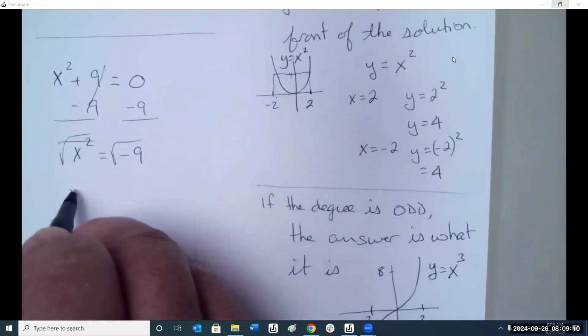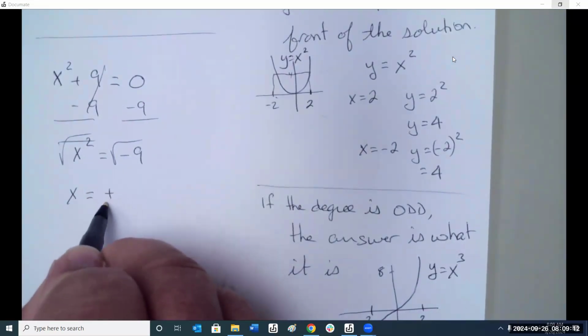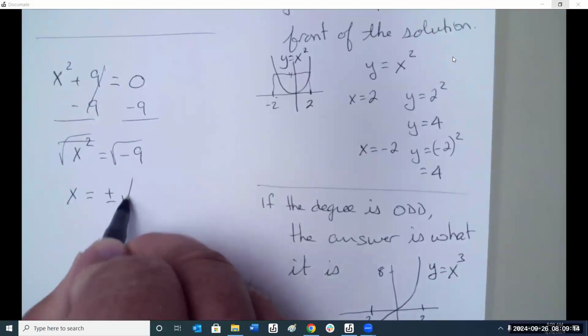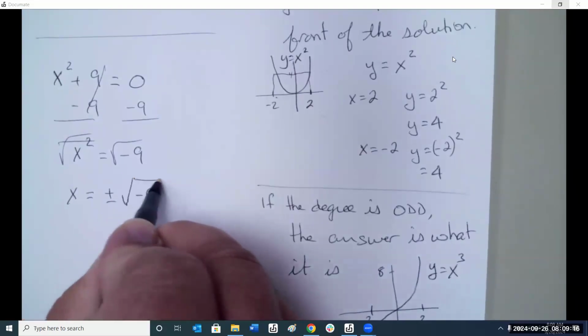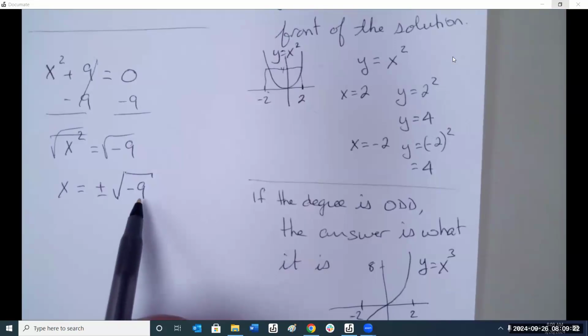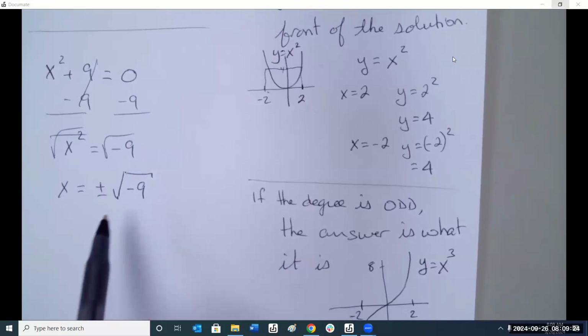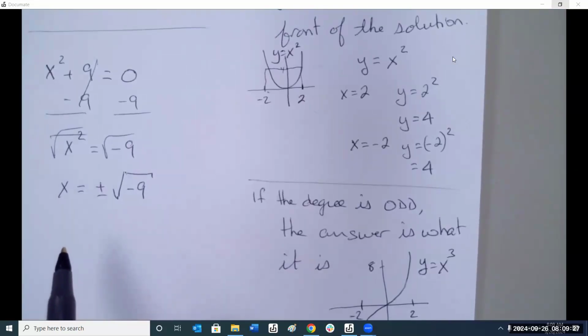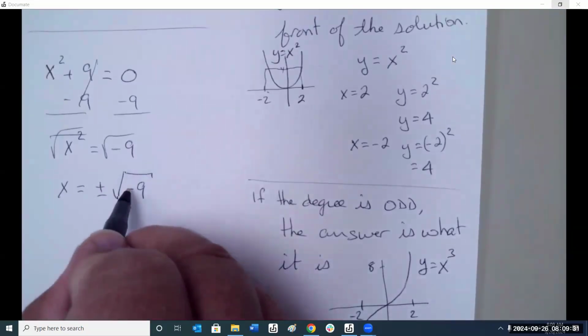So that becomes x equals plus minus the square root of -9. What two numbers multiplied, same numbers, give you -9 if you multiply them together? -3 times -3 is +9. So here we have the problem.